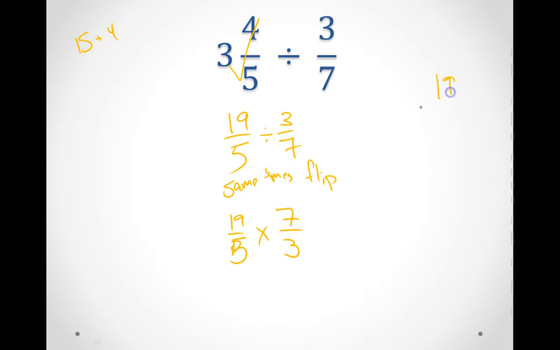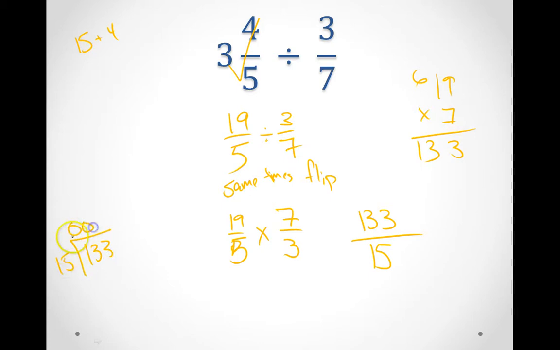So we go 19 times 7, that's 133, over 5 times 3, which is 15. Then we can turn this back into a mixed number. So we go 133 divided by 15. 15 can't go into 1. It can't go into 13.